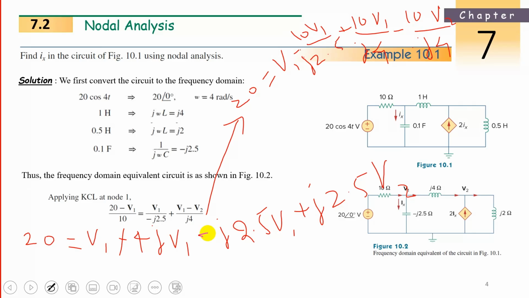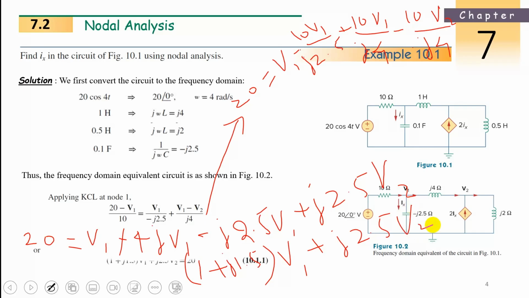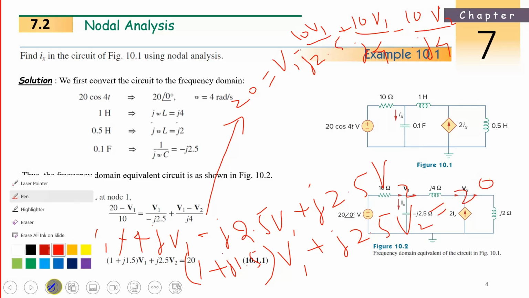So V1 is there, and 4 minus 2.5 is 1.5. So it is 1 plus j1.5, you can take V1 out, plus j2.5 V2 equal to 20. You can check: 1 plus j1.5 V1 plus j2.5 V2 equals 20.